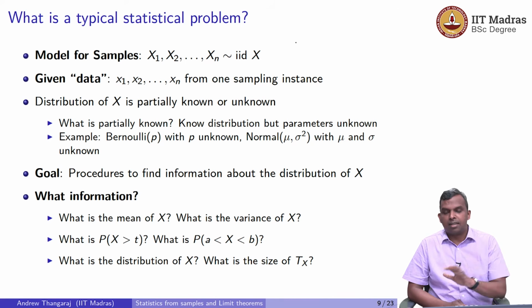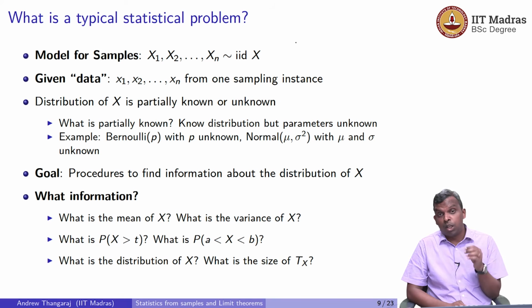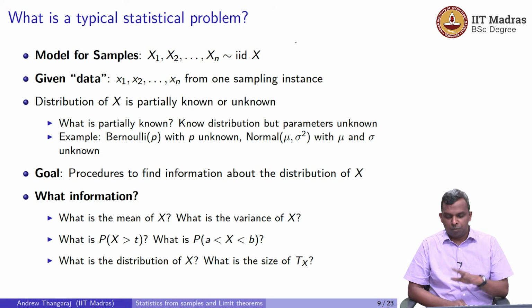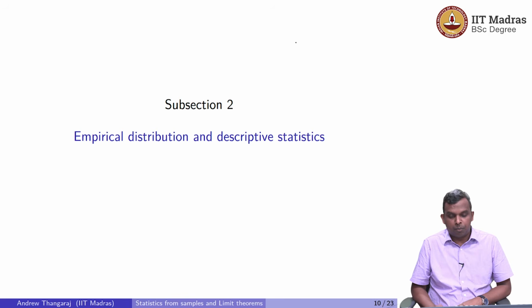So this is a typical statistical problem, and you can see how probability enters the picture. You can see how data enters the picture, and you can see how your comfort with knowing probability is going to help you in designing statistical procedures, at least in this kind of a scenario.